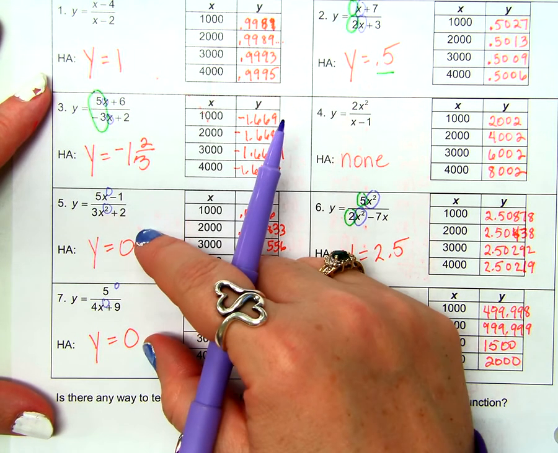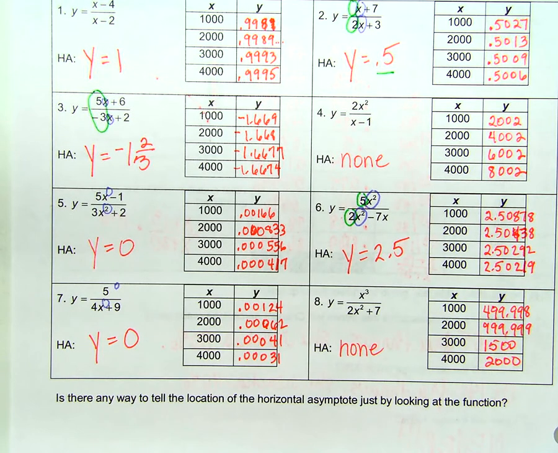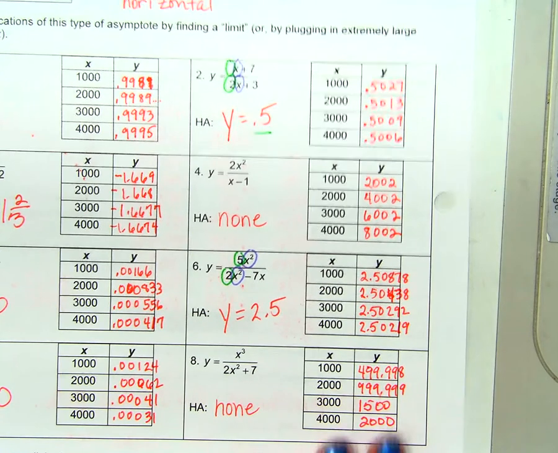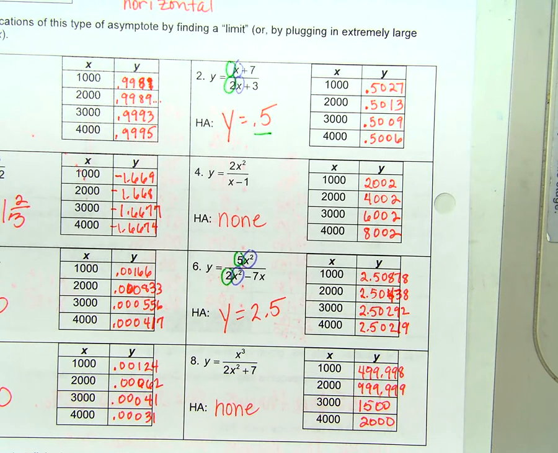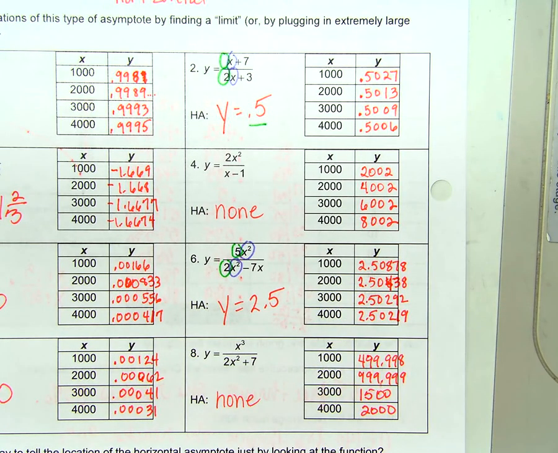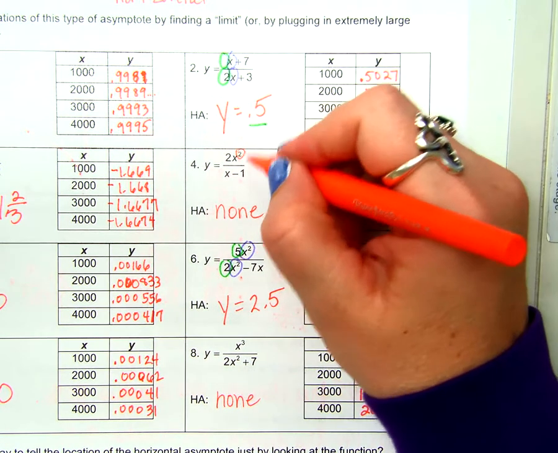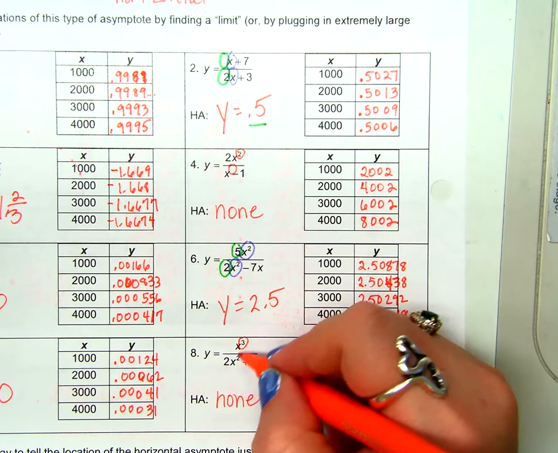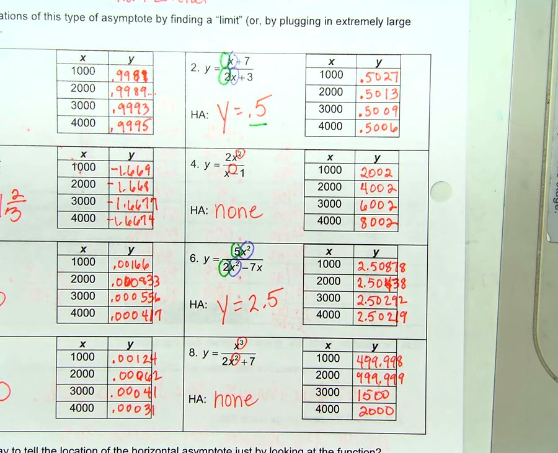I need to clarify: what is bigger on the bottom? The bottom exponent, right? So what's the last possibility? 8 and 4. The top exponent is bigger. So when the top exponent is bigger, there's not one, right?